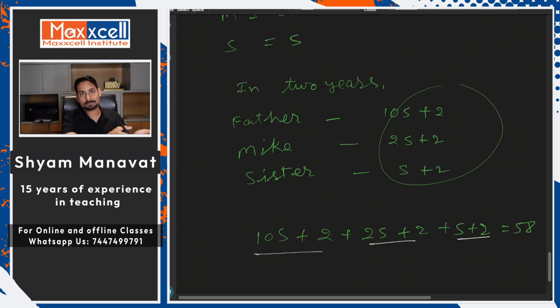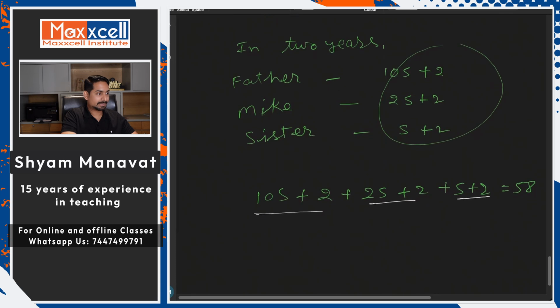So at present it should be 52, which is 10 plus 2 plus 1, equal to 13. 13s is 52, so s is equal to 4. I could do this calculation in my mind, but I want you to understand how to form the equation.